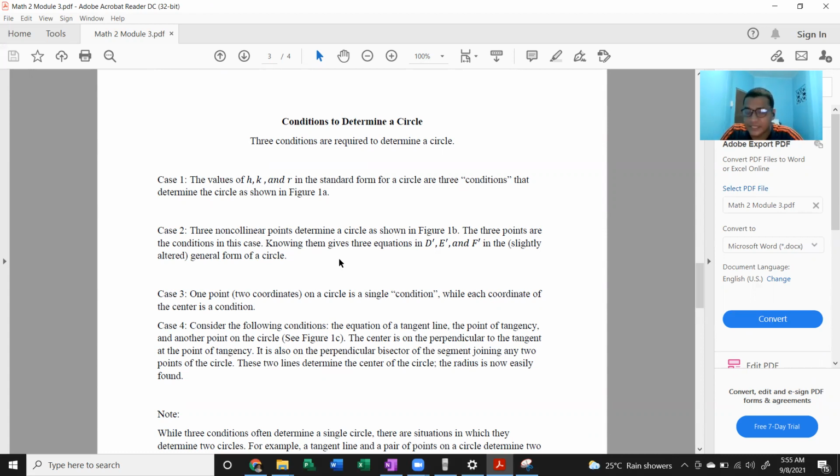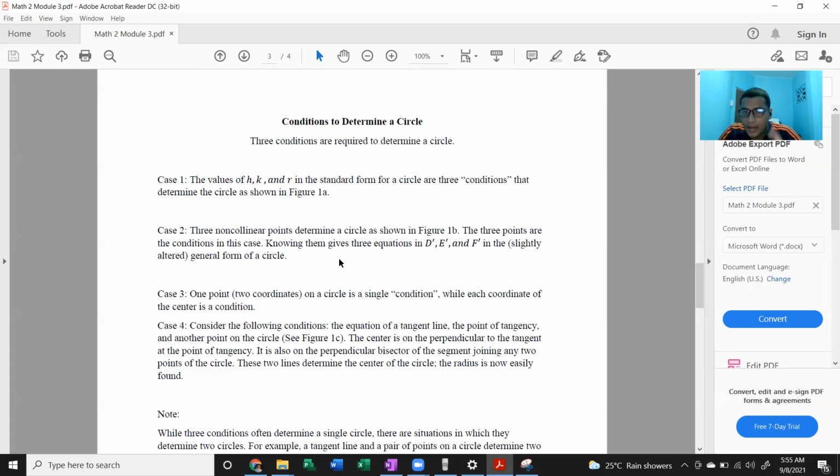Now, case 3, we have 1 point, that is, of course, 2 coordinates, x and y. A point on a circle is a single condition, while each coordinate of the center is also a condition. Okay. How does it work, class?